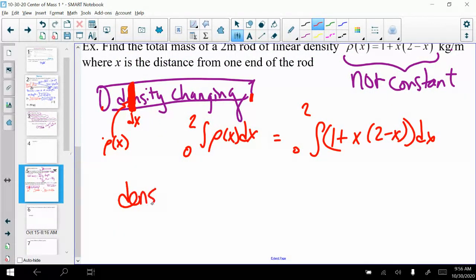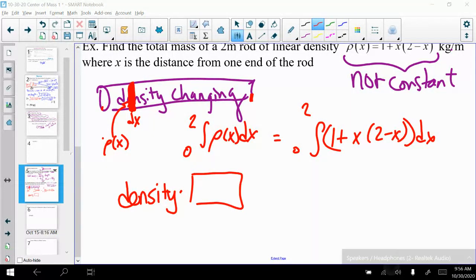That's where I'm going. Density times some length, area, etc., equals our mass.